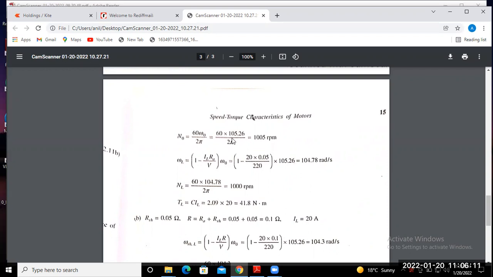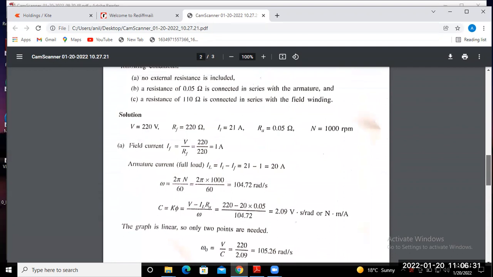If you simplify with pi equal to 3.14, you will get 1005 rpm.